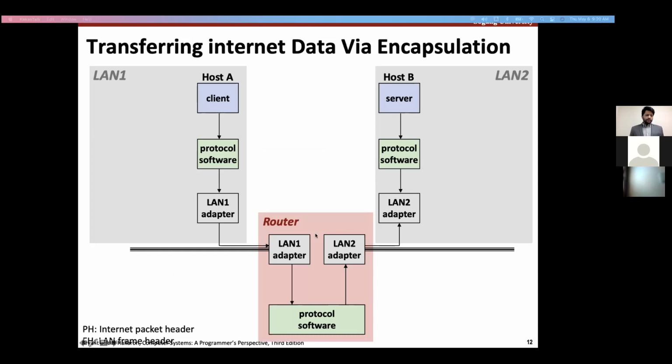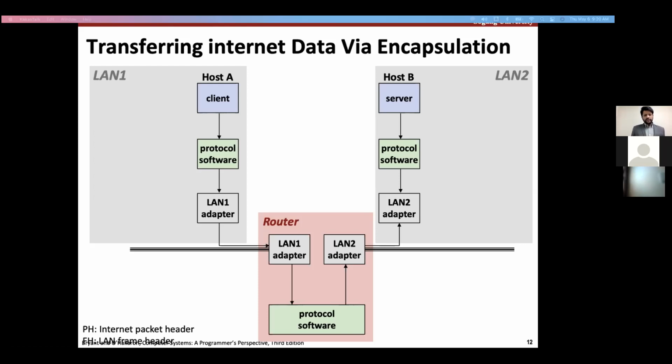Next, we are going to see how transferring internet data through encapsulation is performed between a server and a client, or between two hosts, host A and host B. I hope you are familiar with the concept of encapsulation.